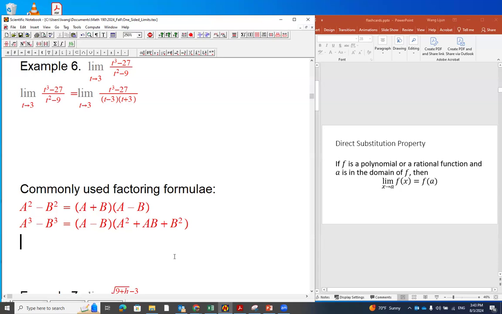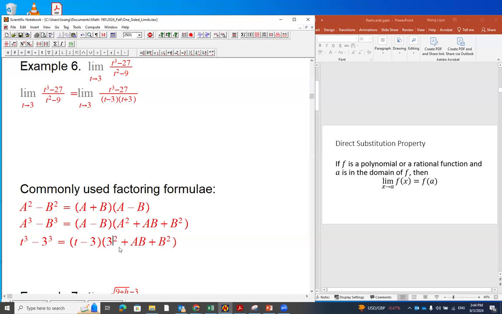These formulas are not hard to find. They're pretty commonly seen. Now, t to the power 3 minus 27, I'm going to work with that. 27 is 3 to the power 3. So I'm just going to copy the formula. Capital A is t, so this is t and this is 3.